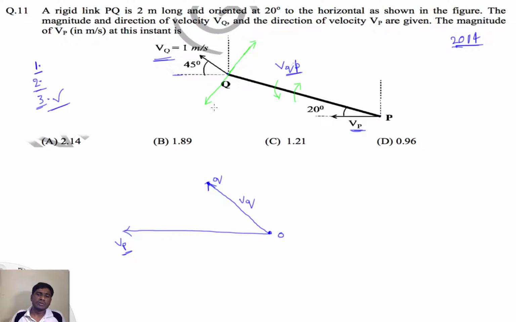So we will start a point from the end of the Vq velocity line and draw a line parallel to this velocity vector Vqp. So if I extend like this, it is touching here.